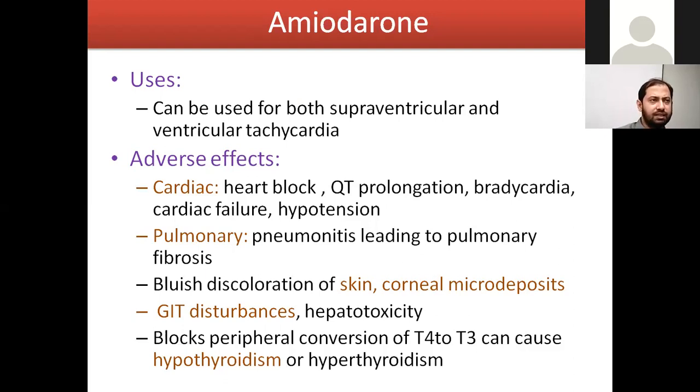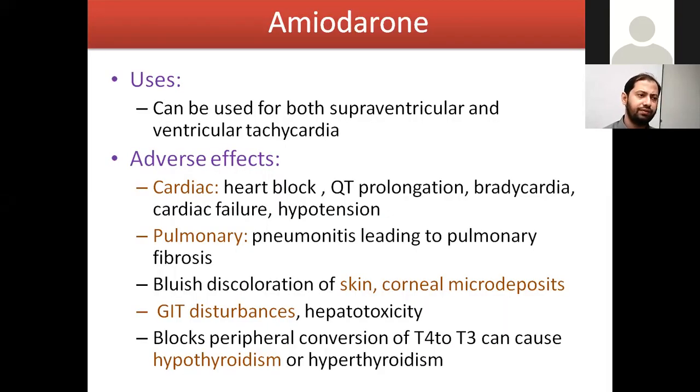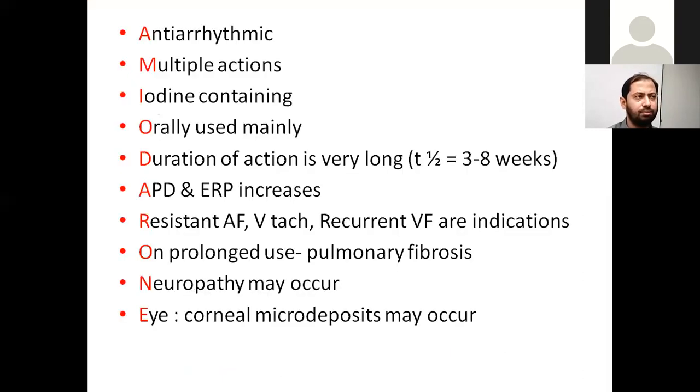If the person is taking this drug for a long time, there will be GIT disturbances and hepatotoxicity, and this drug blocks the peripheral conversion of T4 to T3, and it can cause hypothyroidism or hyperthyroidism. So this is the picture showing the adverse effects of amiodarone, in which you can see the bluish discoloration of the skin and corneal deposits.